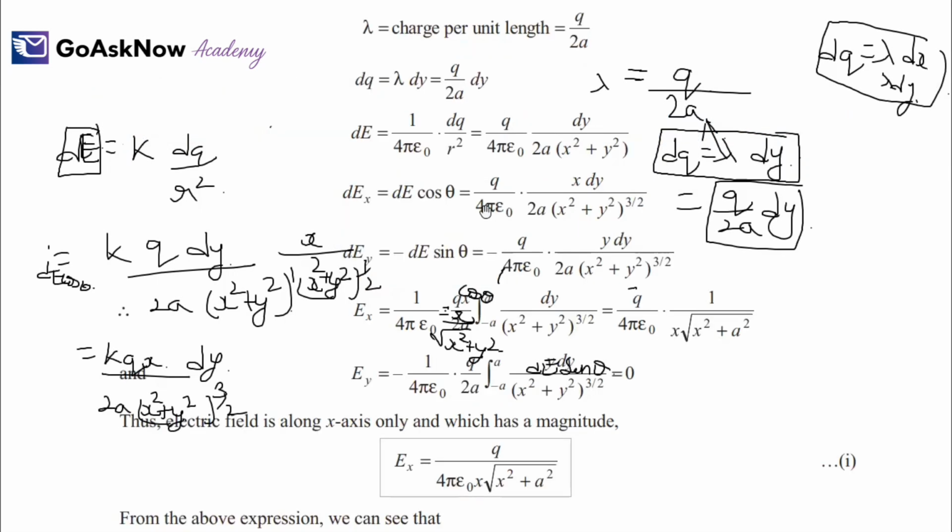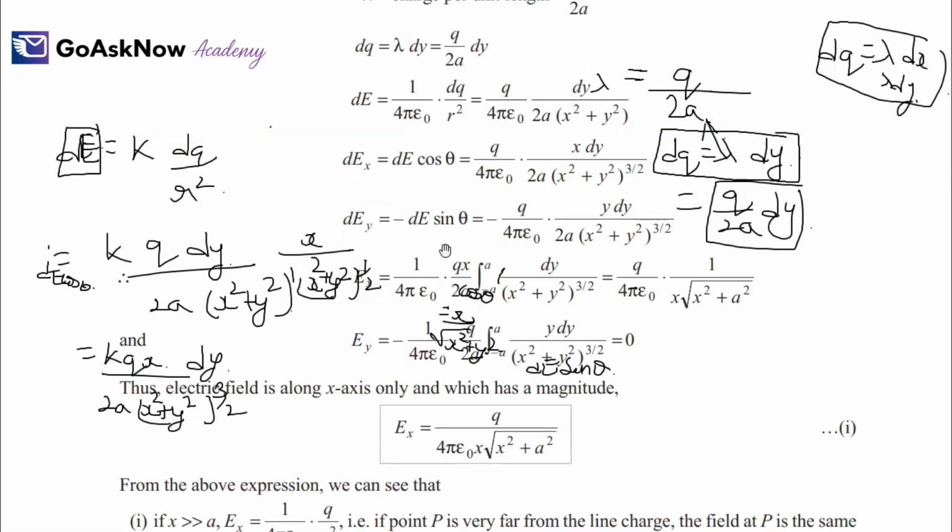So yeah, you are getting like this, and dE sine theta is coming like k q y dy upon 2a into x square plus y square to the power 3 by 2 with minus sign. Because here the sine theta value is y upon x square plus y square to the power half, similar to cos theta.